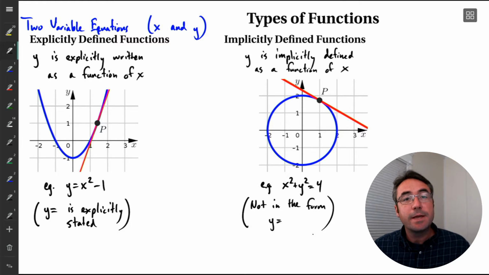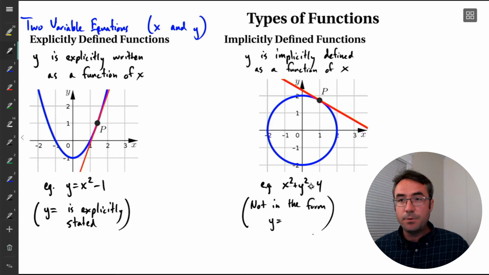So we're going to be looking at equations involving two variables, x's and y's. If we have an equation like this, y equals, and then all x terms on the right, this is just a regular explicit function. We have all of our differentiation techniques that tell us what to do. If we have an equation like this, x squared plus y squared equal to 4, we haven't actually solved for y yet.